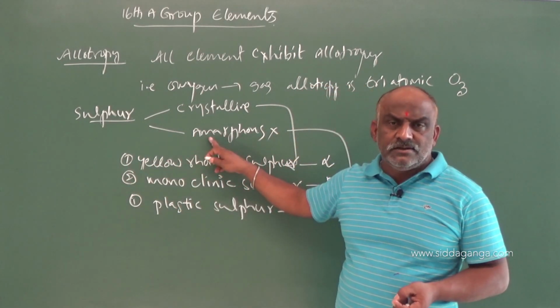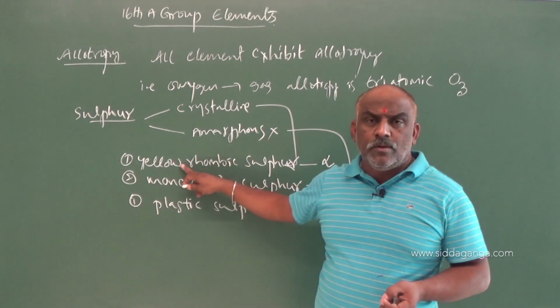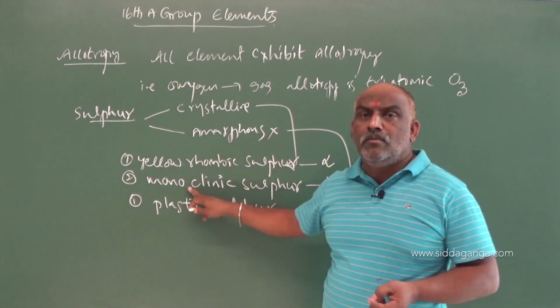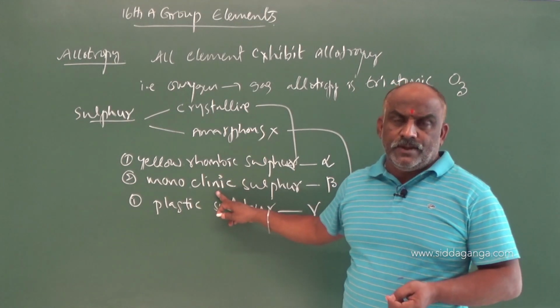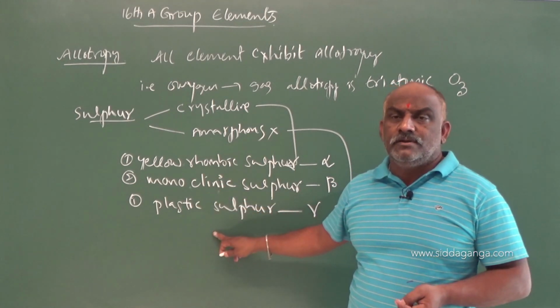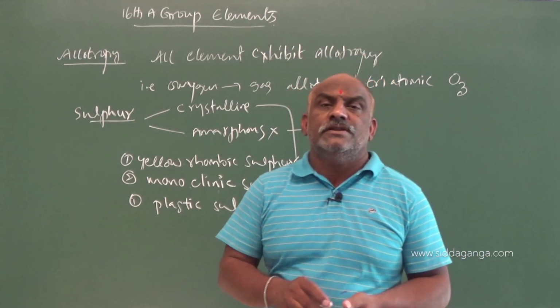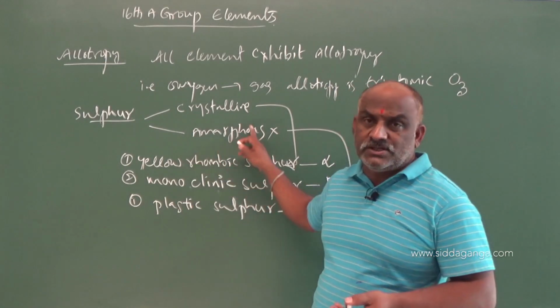In crystallines, there are two types of allotropes. One is yellow rhombic sulfur, also called alpha sulfur, and second one is monoclinic sulfur, called beta sulfur. And one more form is there, gamma sulfur. Gamma sulfur is also named plastic sulfur. This plastic sulfur is non-crystalline, meaning it is an amorphous form.